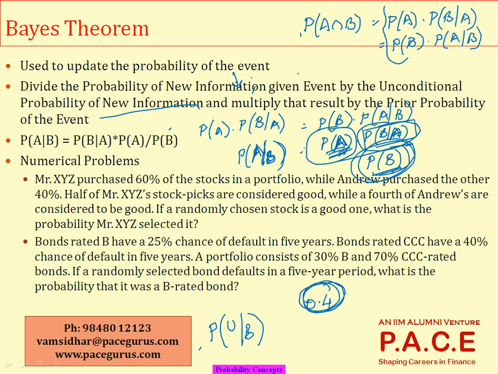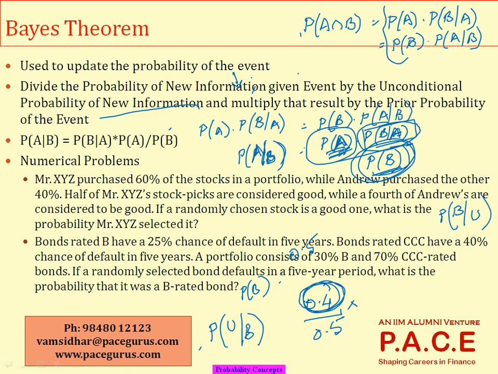So for this, find the unconditional probability of the new event: the probability of badness in the economy. Let's say there is a 50% chance of badness in the economy. So I'll divide 0.4 by 0.5. Then I also find the probability of bad economy given unemployment already exists.